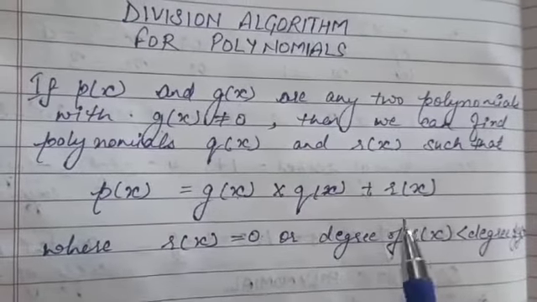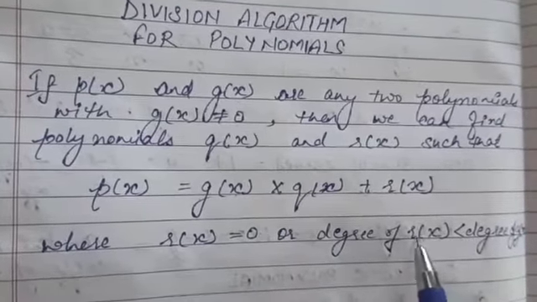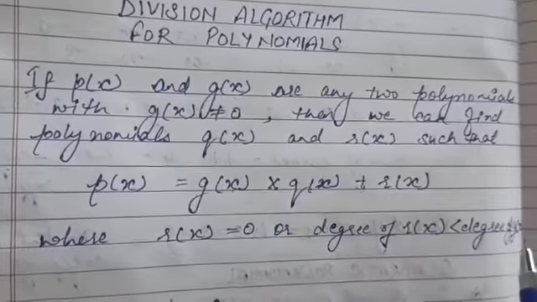We can go on dividing until the degree of remainder is less than degree of g(x).